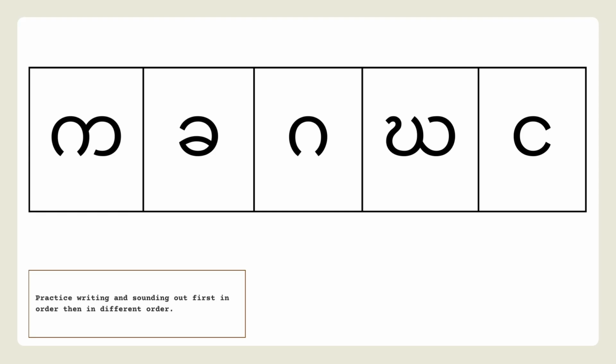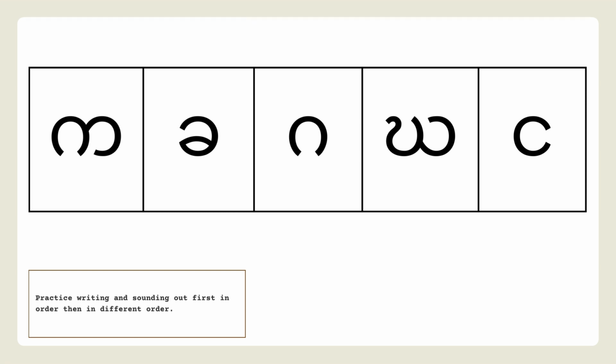So now we have learned ga, ka, la, ha, nga. What you need to do now is not to stop here but keep practicing. Practice writing these consonants down on a piece of paper, and as you're writing it down, sound it out.